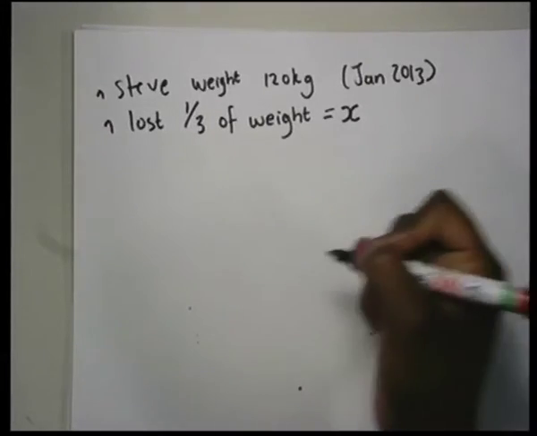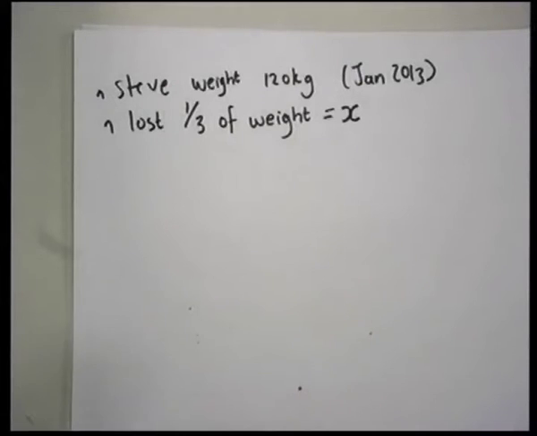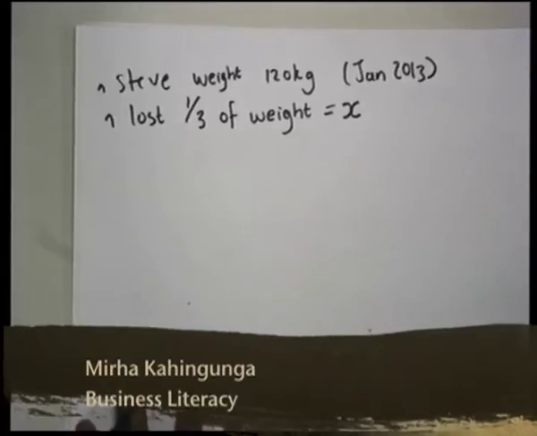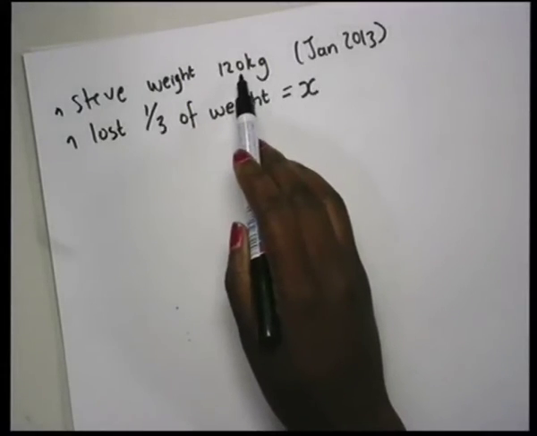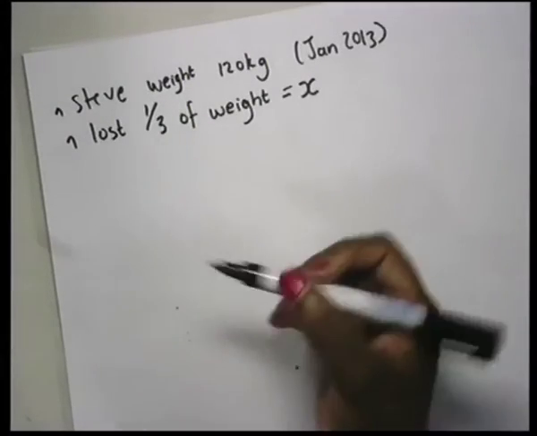Okay. Now, we're first going to compute how much he lost, because in order for us to compute what his actual weight is, we need to first know how much he has lost based on the information given to us. So we know that in January 2013, he weighed 120 kilograms, and then he lost a third of his weight.